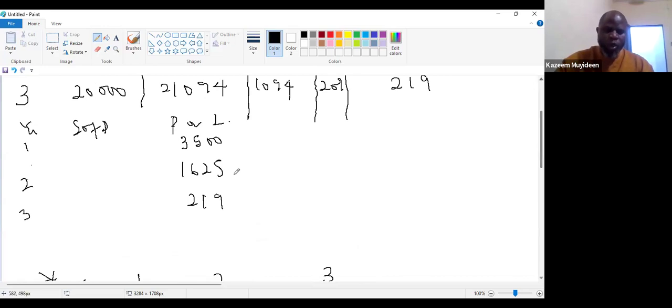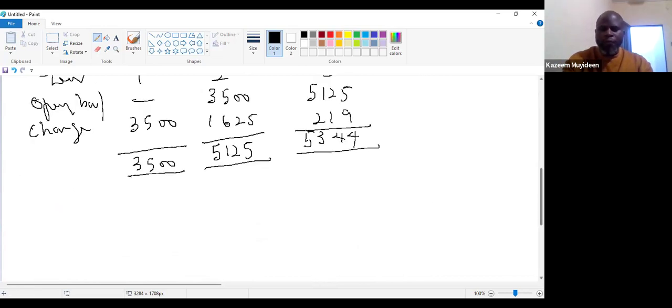I'll now say the first one is 35 because there's no opening balance. For the second one, what is the figure? 5125, it will still give me the same thing.